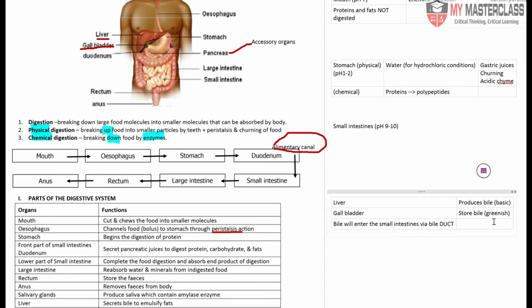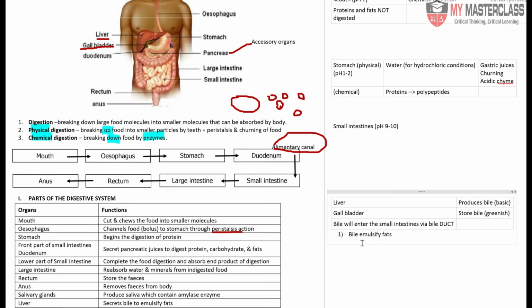What is the purpose of this bile? Two things. One, bile helps to emulsify fats. Recall earlier when we did the food test topics and talked about emulsification of fats using the ethanol test. When fats are emulsified, it means a huge fat droplet is broken up, a physical process, into very small pieces for enzyme activity.